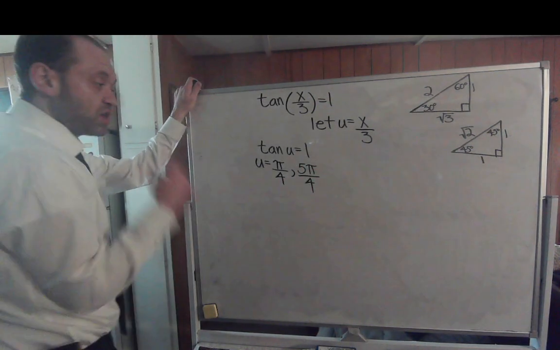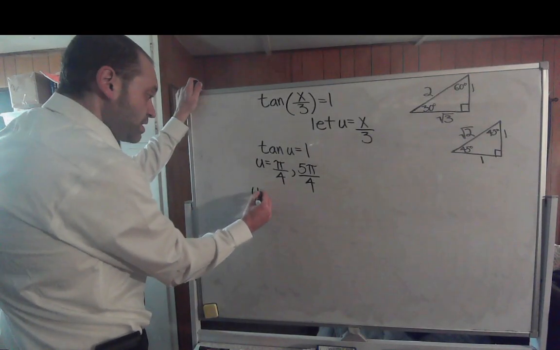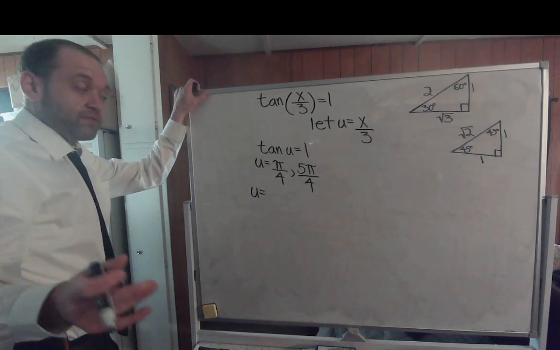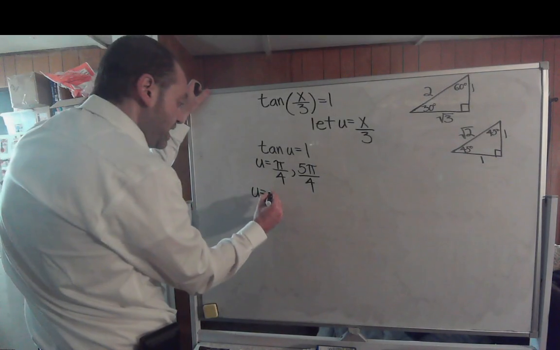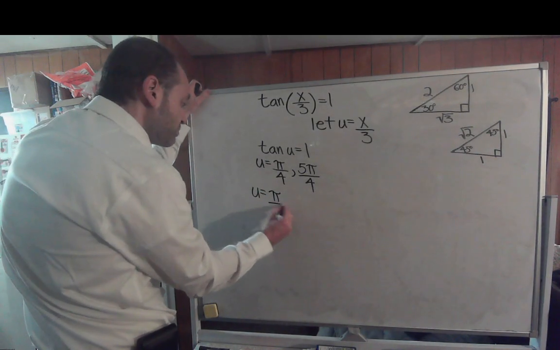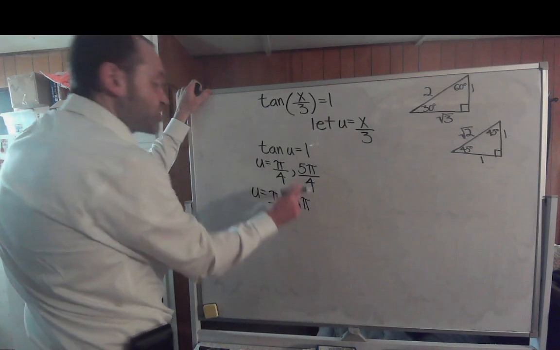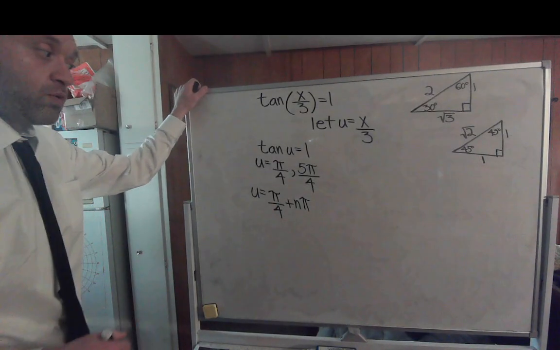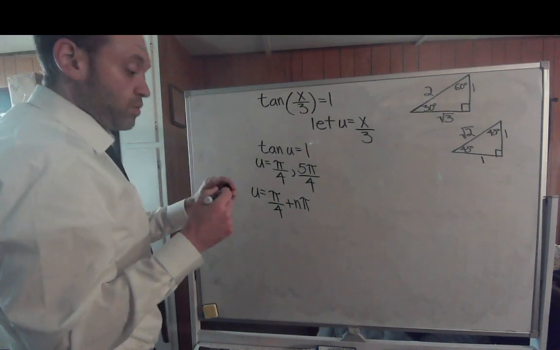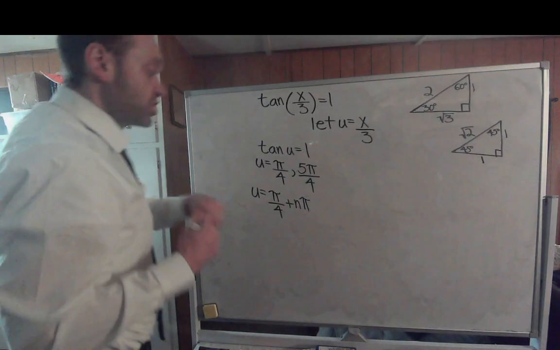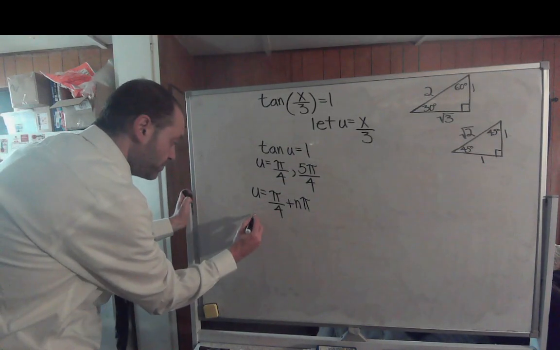All right, so in general then, what's the period of the tangent function? Well, it's actually pi. We could write u equals pi over 4 plus n pi, which would actually account for the 5 pi over 4 also. However, we're not done yet. We have to put that x over 3 in for u.